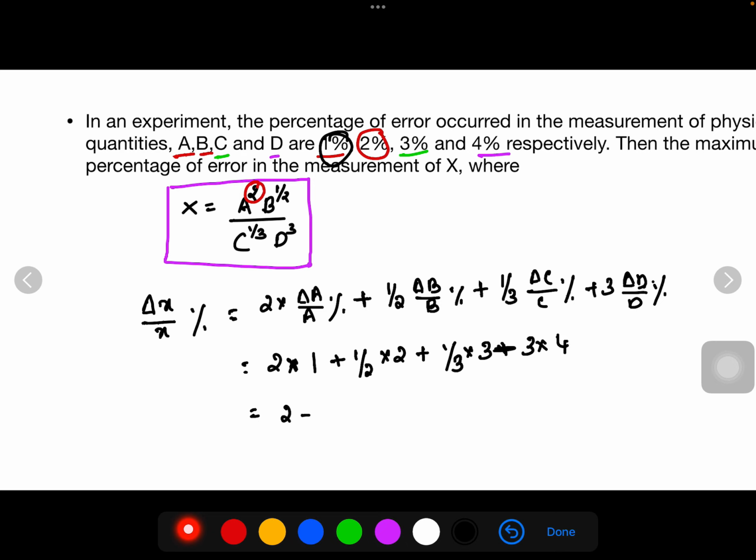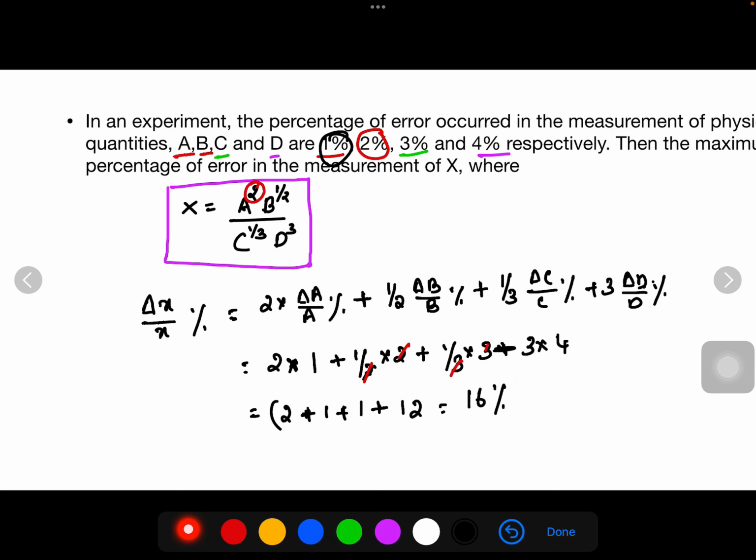So 2 into 1 is 2, plus 1 by 2 into 2, you can cancel the 2, so it is 1, plus 1 by 3 into 3, again you can cancel those terms, so 1, plus 3 into 4 is 12. That is 2 plus 1 plus 1 plus 12, which is 16%.